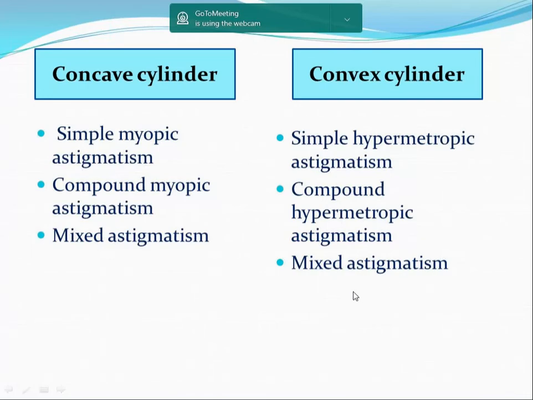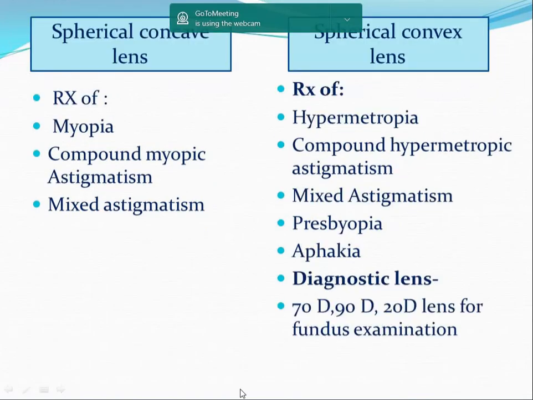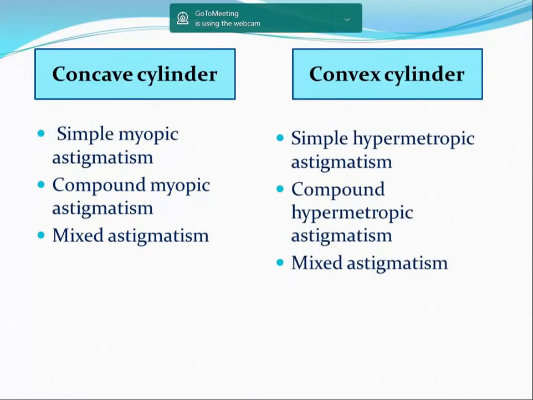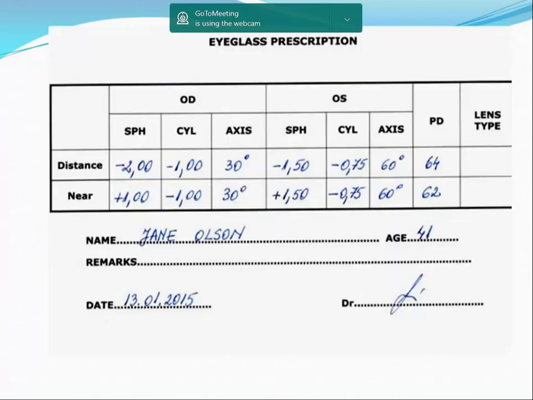So basically, cylindrical lenses are used in the treatment of any type of astigmatism. If it is a myopic type of astigmatism, you need to use concave cylinders. If it is a hypermetropic type of astigmatism, you need to use convex cylinders. Understood? Please note down these two important things.